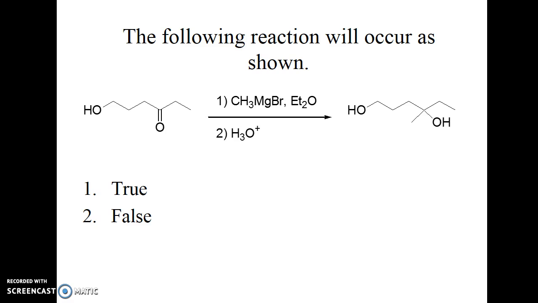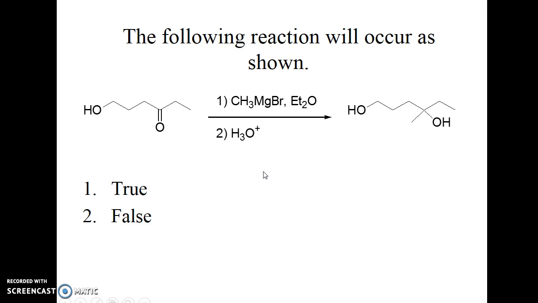The following reaction will occur as shown. Is this correct? Well, if you look, we have a Grignard reagent that's very basic, and we've got a protic group there. So no, when this Grignard reagent goes to react with this, before it has a chance to add to the carbonyl, it's going to deprotonate the alcohol.